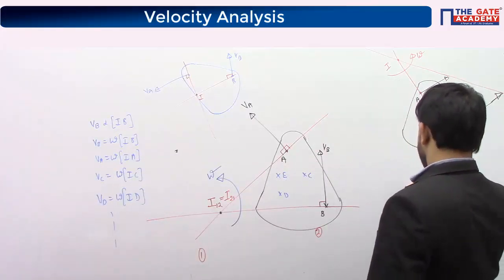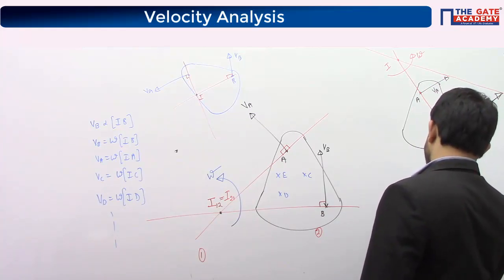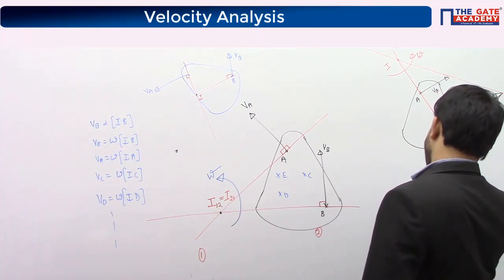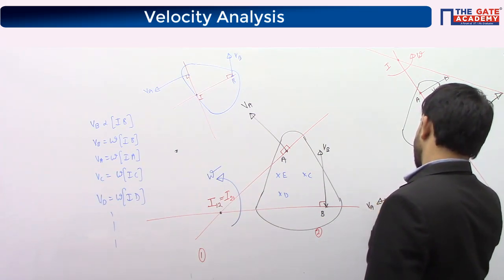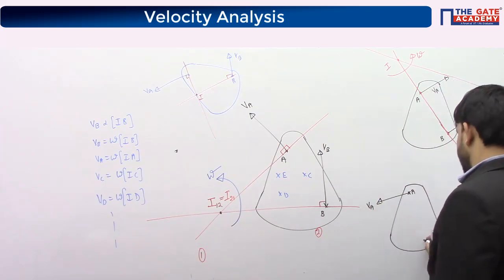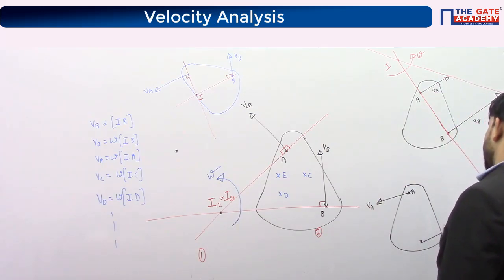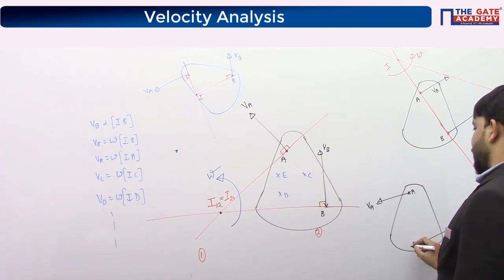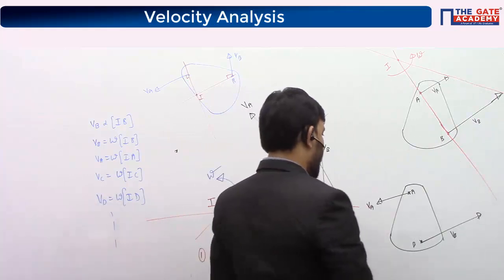Otherwise you may encounter a case something like this. This is velocity of point A. And for point B, you may encounter a case like this. Velocity of point B is in this direction, this is B. Here also the same thing.